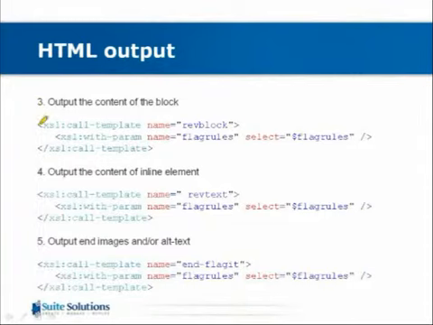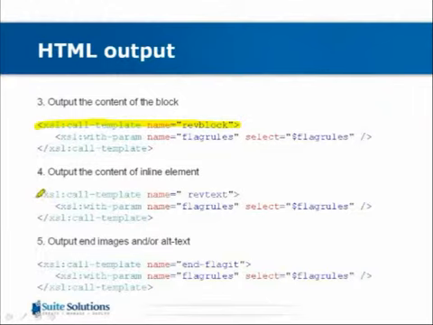If you have block content, that would use an element called rev block, and that actually puts out your block inside of a rev block. Block content is tables, paragraphs, code blocks.